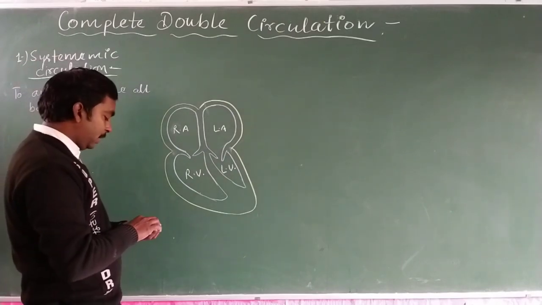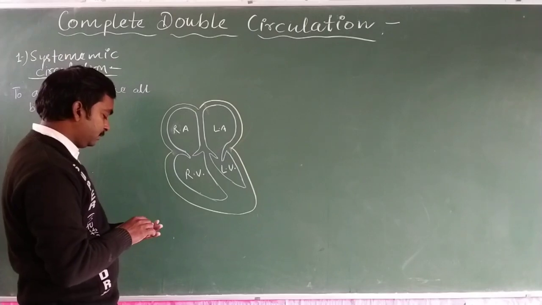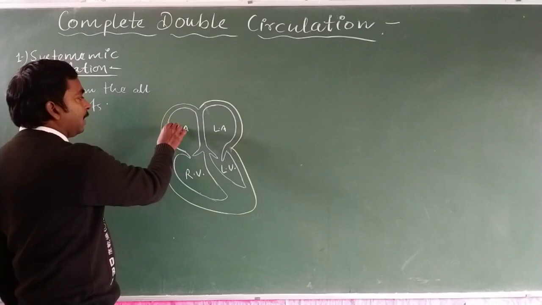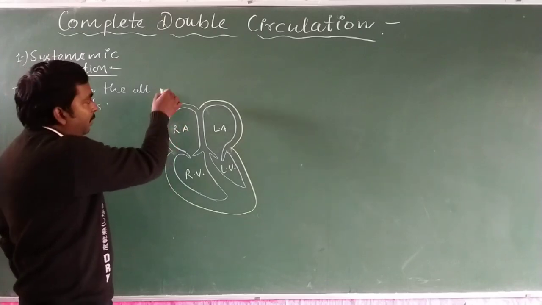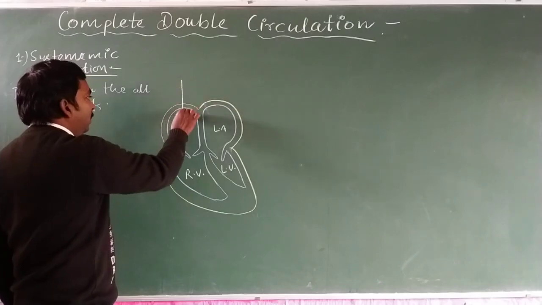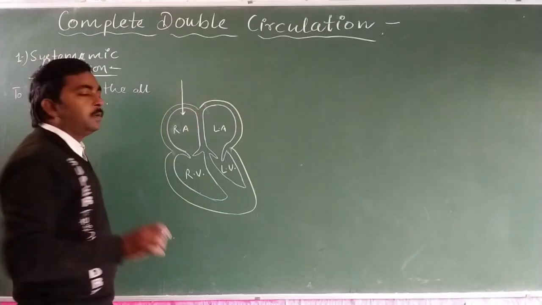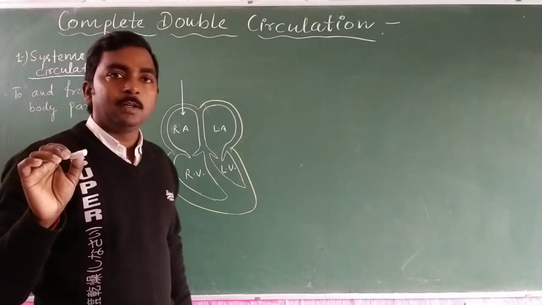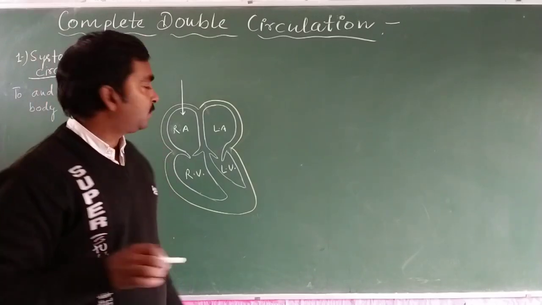Now, during the systemic circulation, what happens? The blood is collected in the right auricle from all parts of the body through the vena cava.